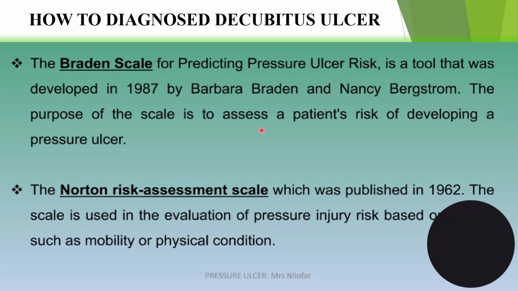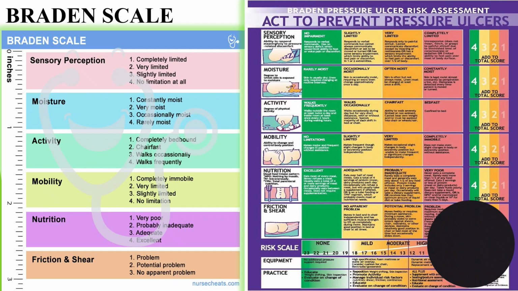So the scale is to assess the patient's risk of developing pressure ulcer. The Norton risk assessment scale, which was published in the year 1962, is used to evaluate pressure injury. It is based on the mobility and the physical condition of the person. We'll see one by one.